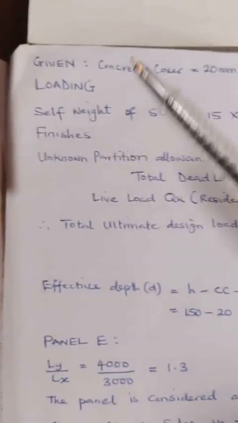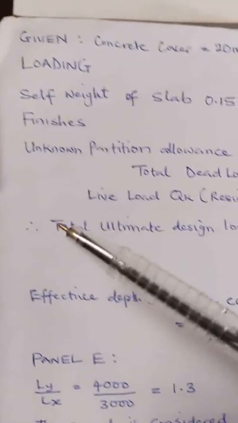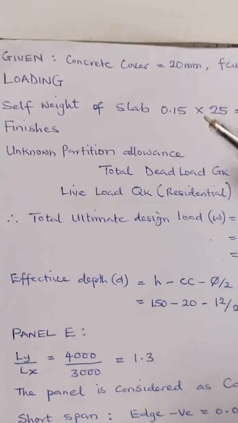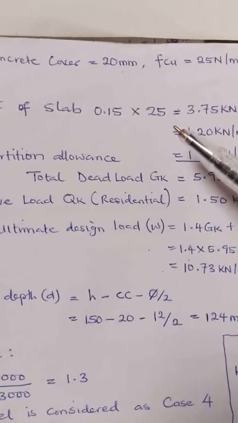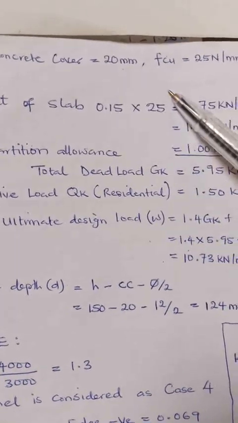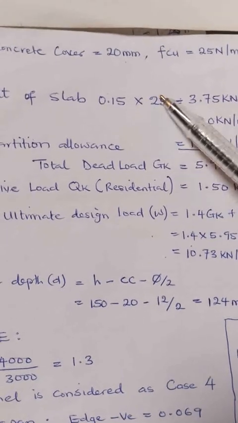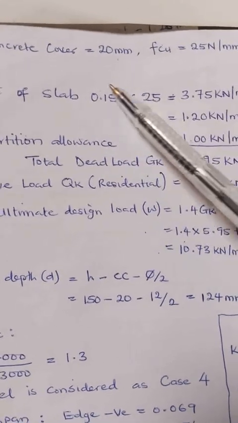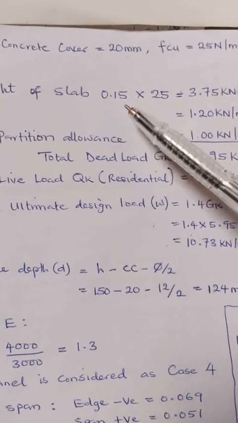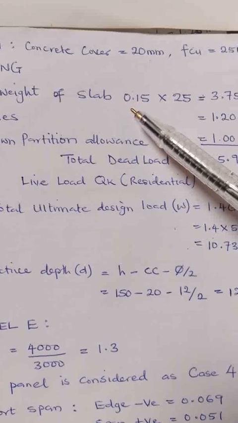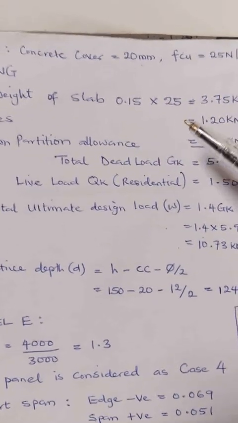So we did our loading of the slab. We have self-weight of the slab, which is 0.15 times 25. This is the density of reinforced concrete, and this is the depth of concrete, which is 150 mm, converted to meters, so it becomes 0.15 meters.